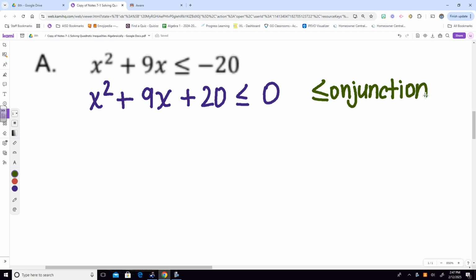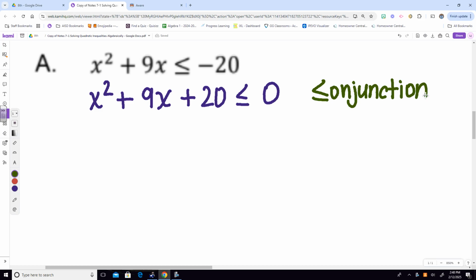Now, because I've been factoring twice as long as you've been alive, that's how old I am, I can look at this and know immediately that it factors, okay? You may not be able to do that just yet, but it's easy enough to try. It's easy enough to try with this one because it has a lead coefficient of 1. It doesn't have a number at the front. So you might as well try, okay?